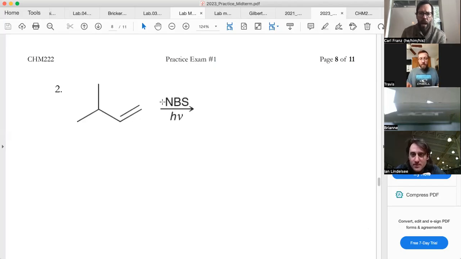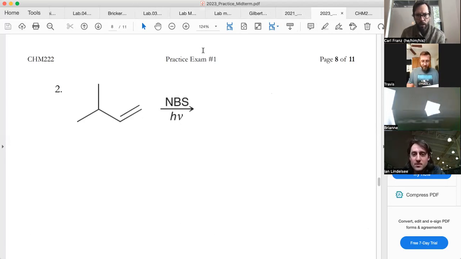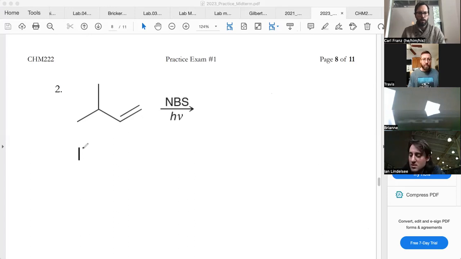Well, N-bromosuccinimide is just giving the one Br, right? Exactly. It's allowing us just to have free radicals.